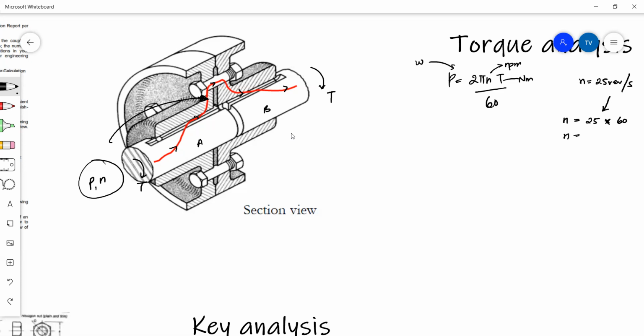And we get our n. We substitute this in this equation, it becomes something like 2 pi 25 times 60 T over 60. And we can see that 60 and 60 would cancel out. So power is just 2 pi 25 T.